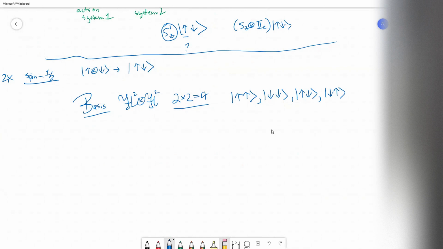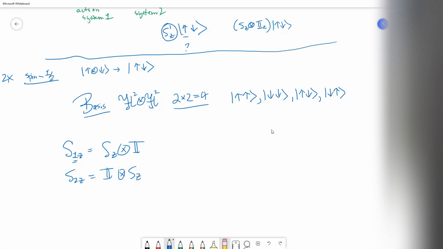Okay, and again, just as before, we're gonna do this kind of hand wavy thing where we'll define spin measurements for either particle 1 or particle 2 as these kind of tensor product operators like this, which is a shorthand notation.